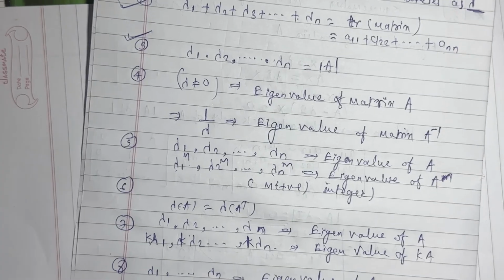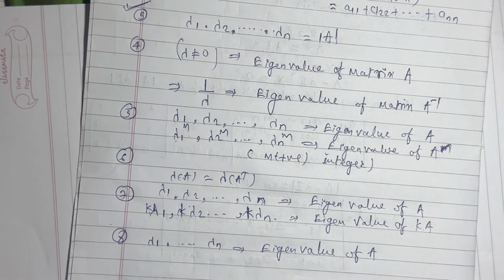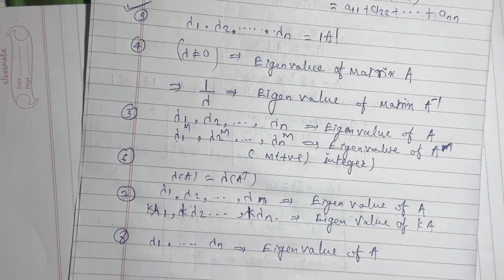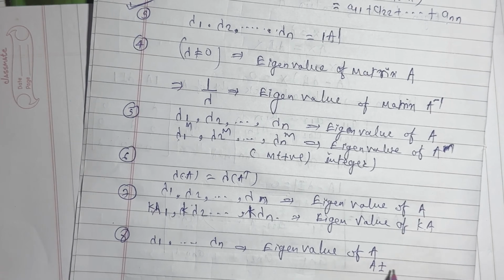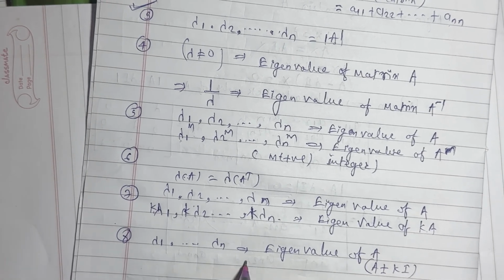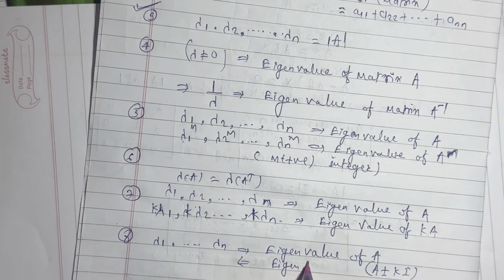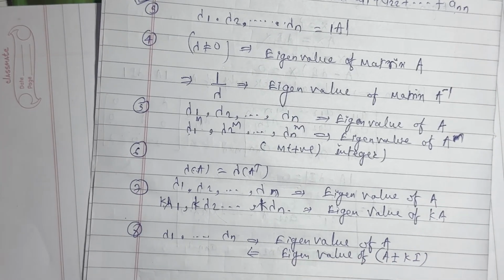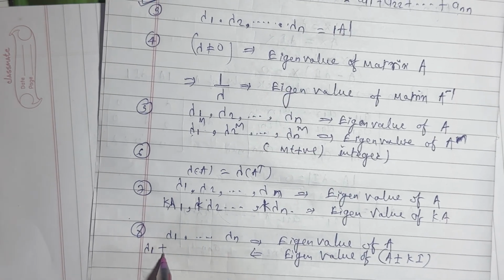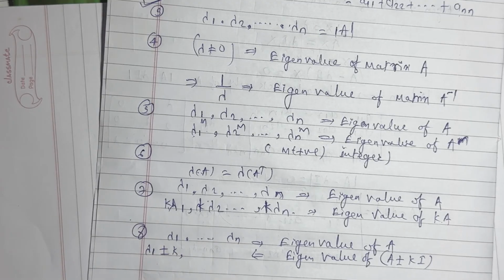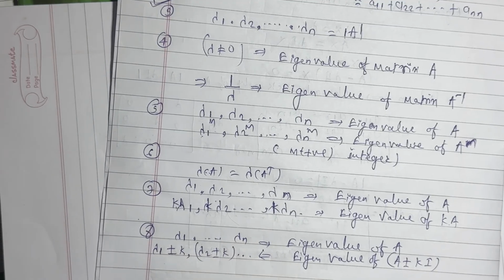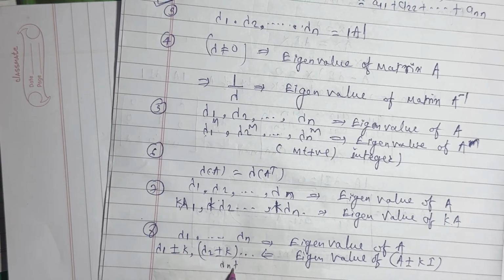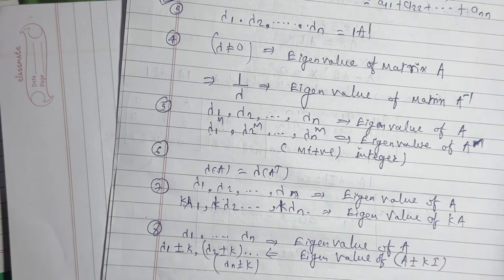A plus or minus KI has eigenvalues lambda 1 plus or minus K, lambda 2 plus or minus K, and up to lambda n plus or minus K. It is very easy guys, not that difficult.